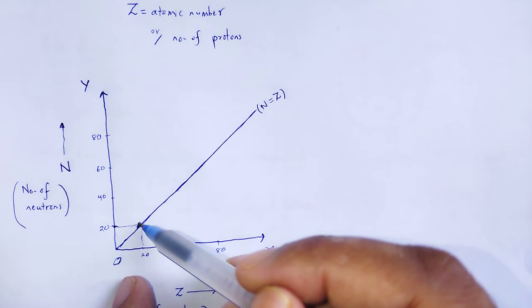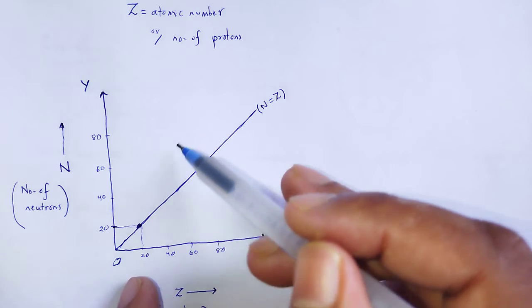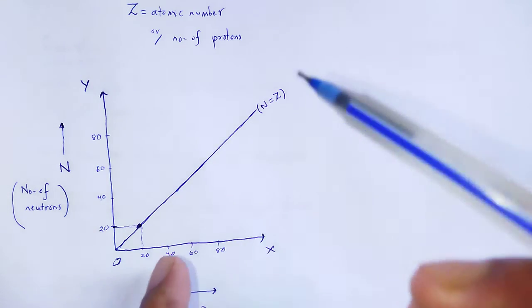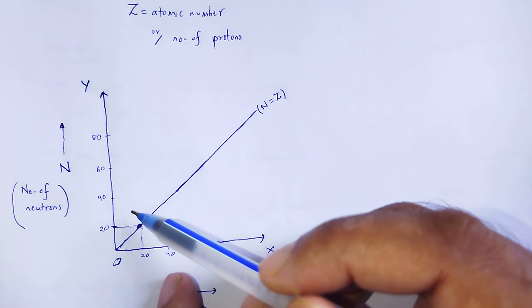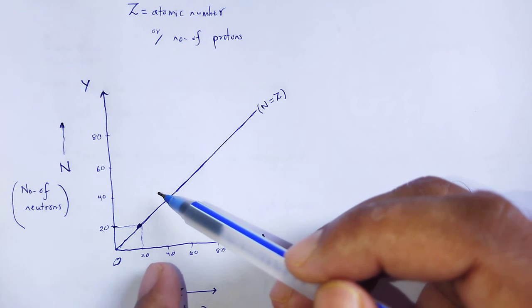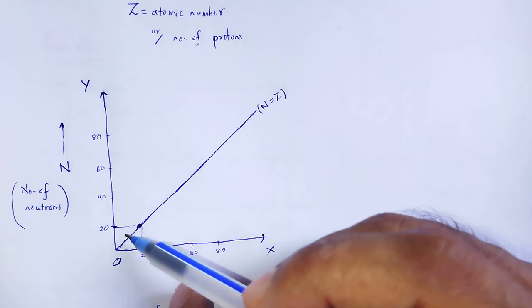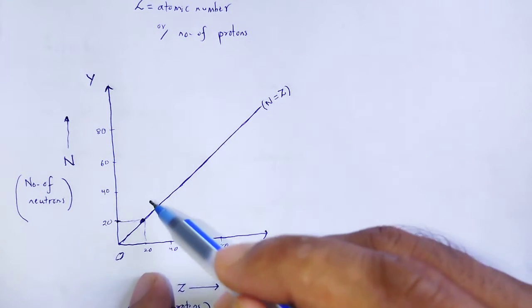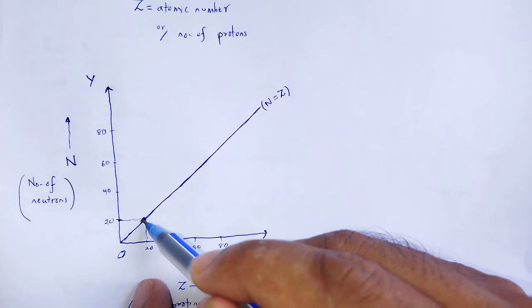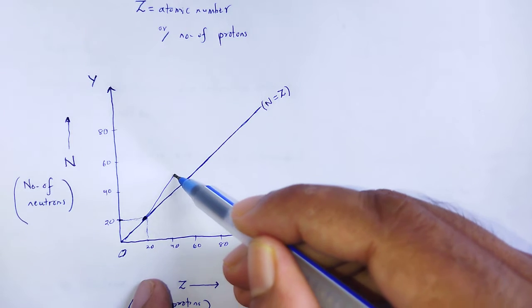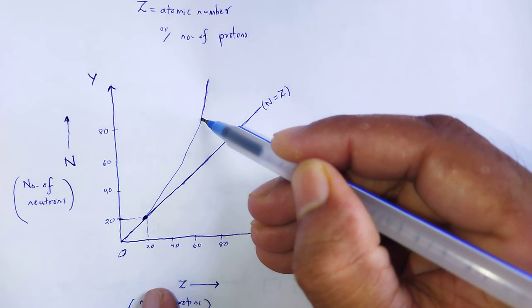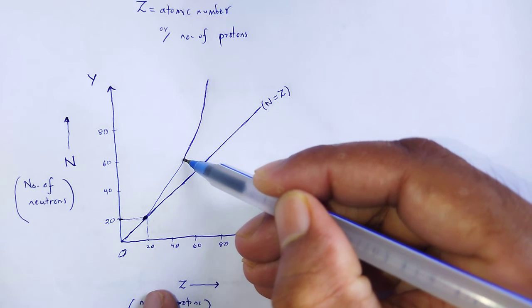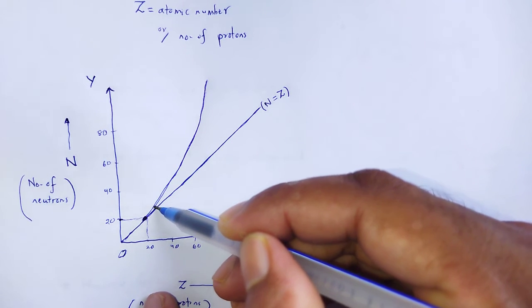After atomic number 20, we see the number of neutrons increasing, and the graph is tilted towards the N, number of neutrons, axis.